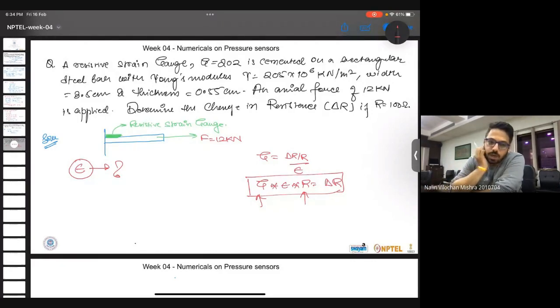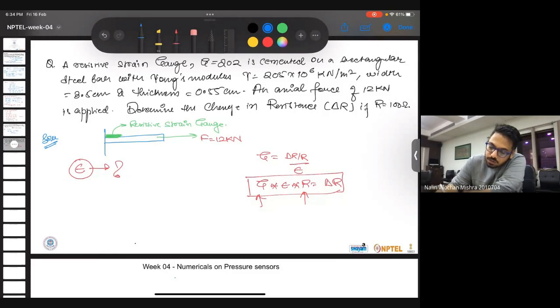So if we are applying the force axially in this steel rod, we can calculate the value of stress. Stress is given as force by area. We know the value of force. Force is how much? 12 kilonewtons.